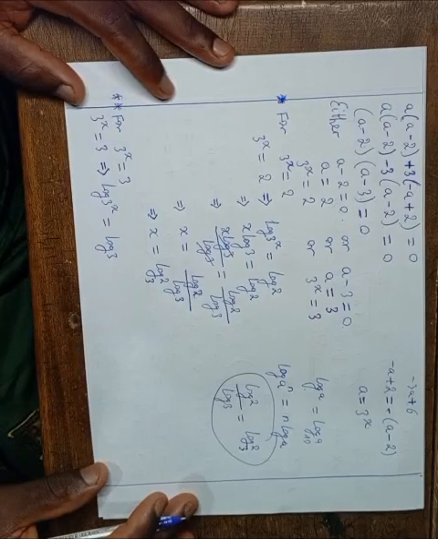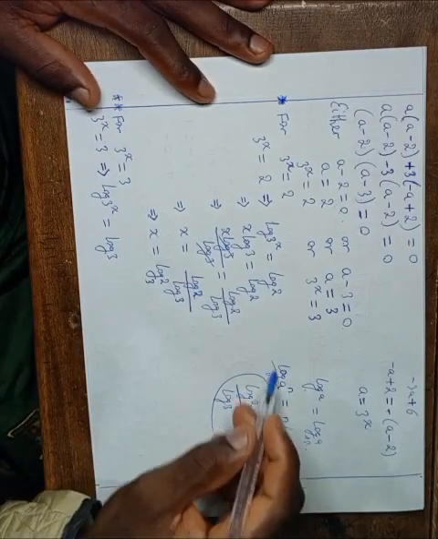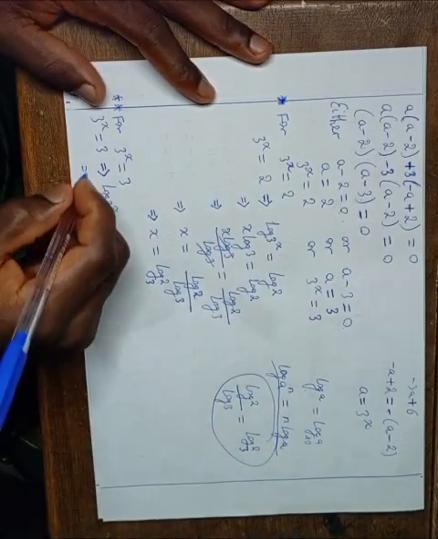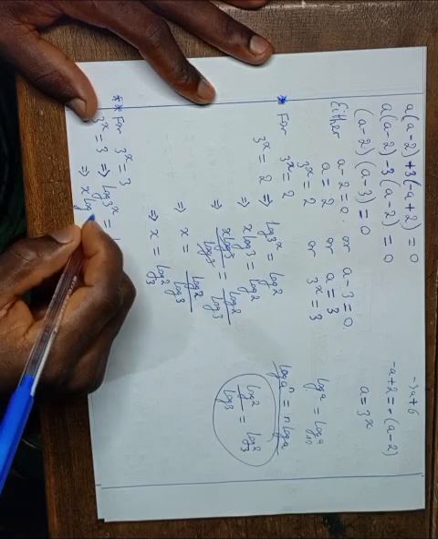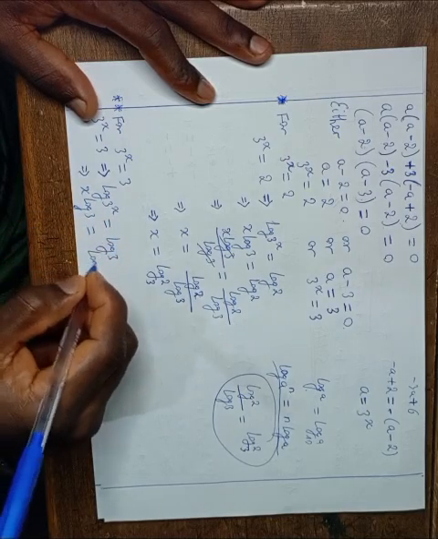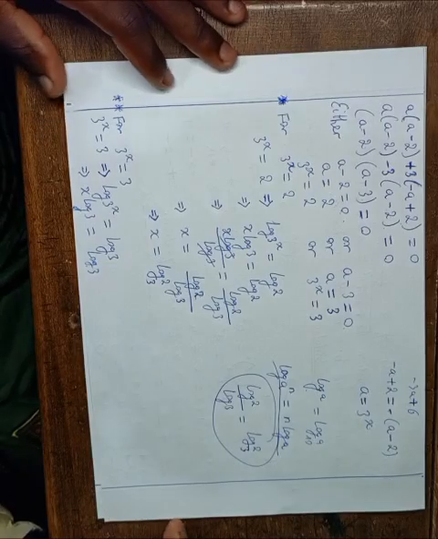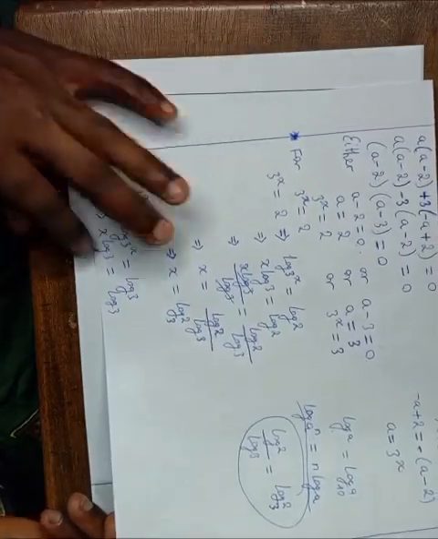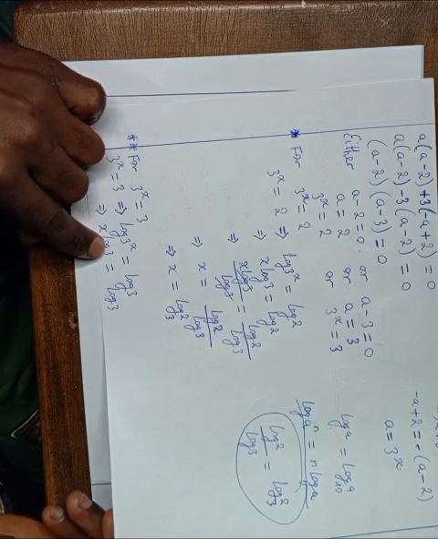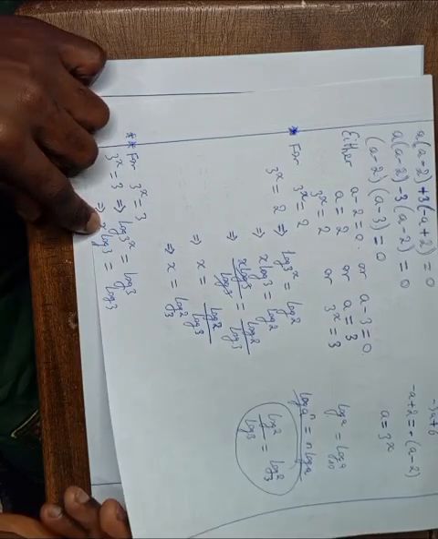Next, if we apply the law of power, we are simply going to obtain x log 3 is equal to the log of 3. Next, we are going to divide all through by log 3.